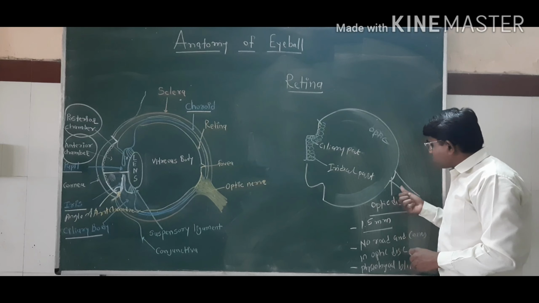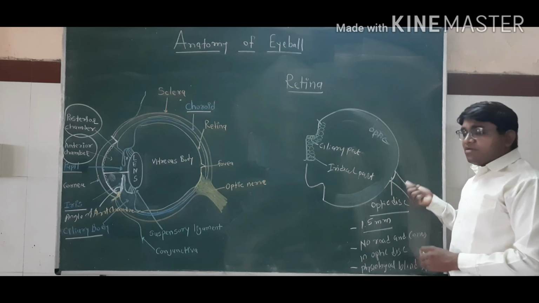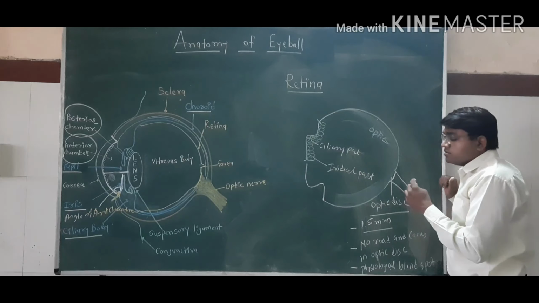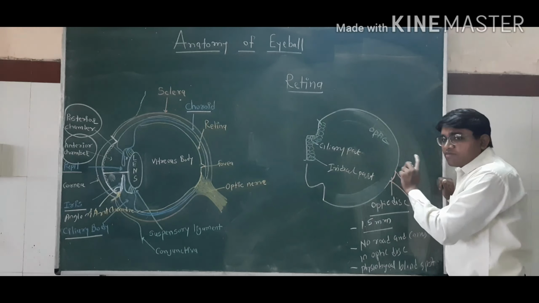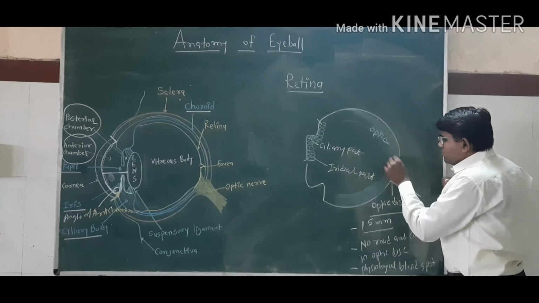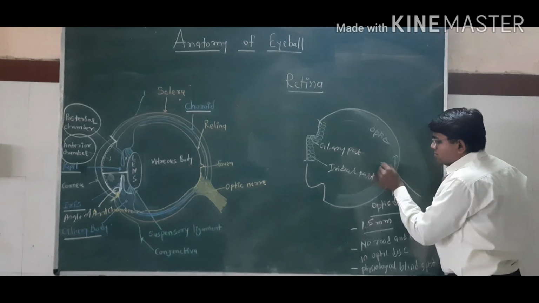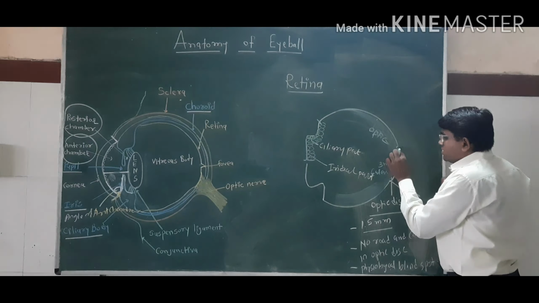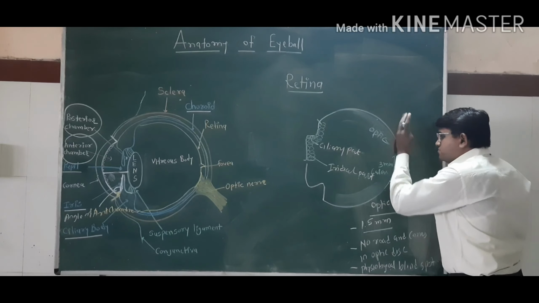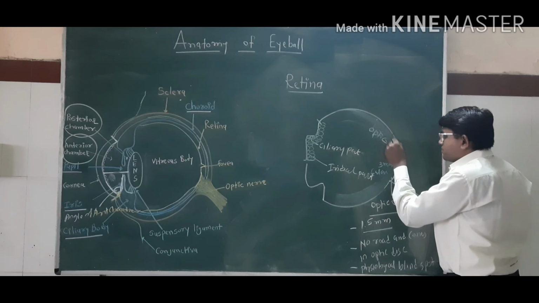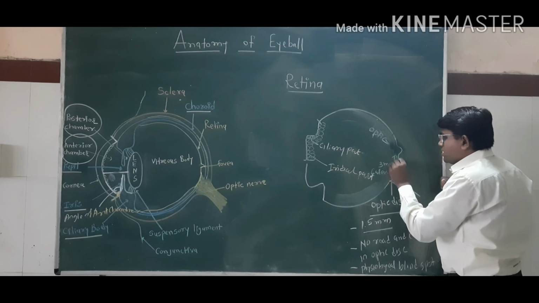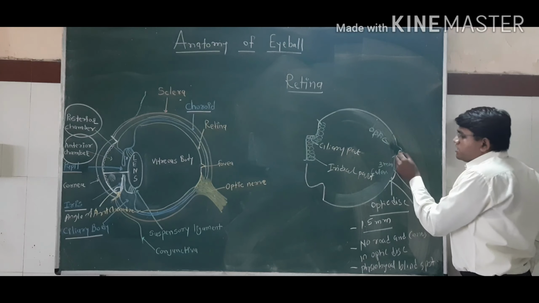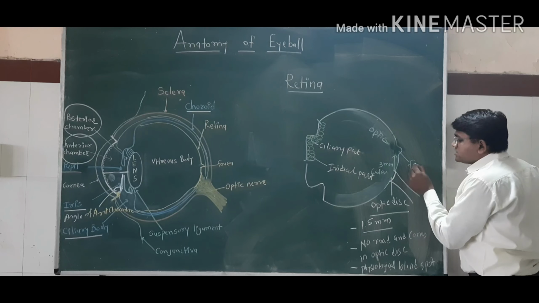Then here, 3 millimeter lateral to the optic disc, there is another depression in this optic part of the retina, and this depression is known as the fovea centralis.